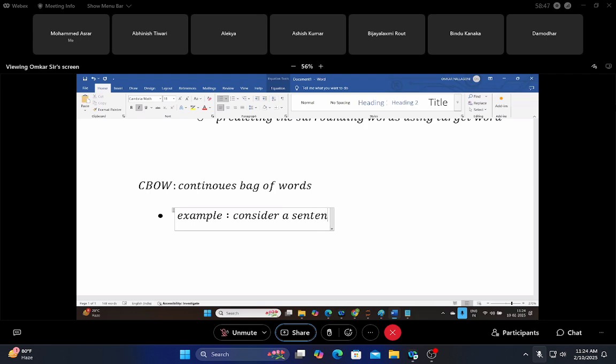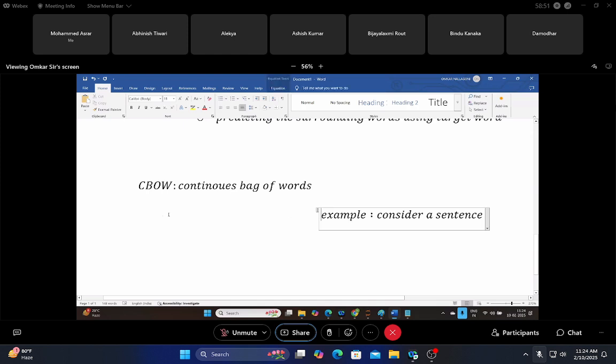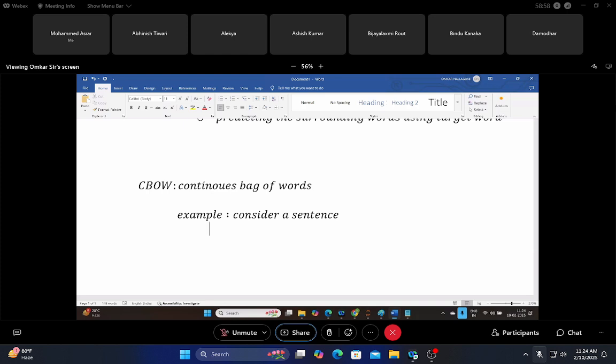Suppose the cat sat on the mat. Another sentence: the mat sat on the cat.